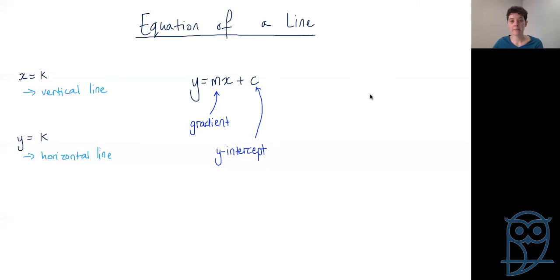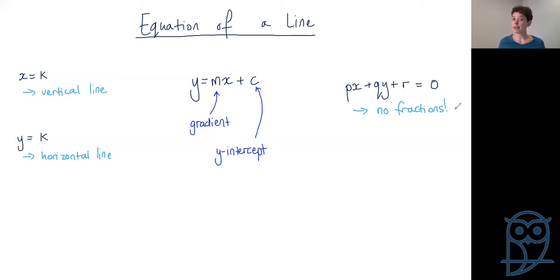So the last one would be our px plus qy plus r equals 0. What's the point of this one? The point of this one is no fractions. Okay, depending on what you're doing with your line next is going to affect what format you have it in.